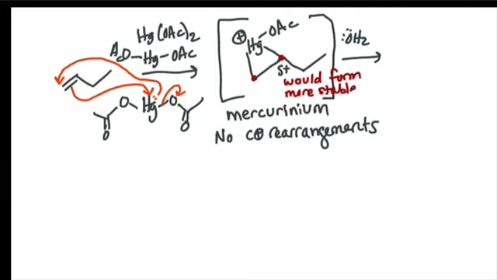In other words, more substituted. So this is why we end up with the same regiochemistry, but we don't go through a carbocation intermediate, and so it doesn't have the opportunity to rearrange if it could.